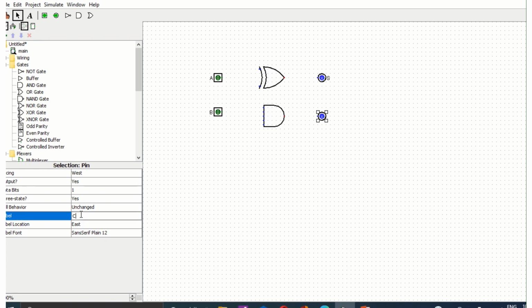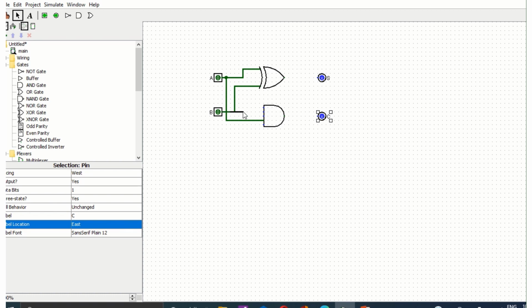This output is carry. This is my logic diagram for the half adder.